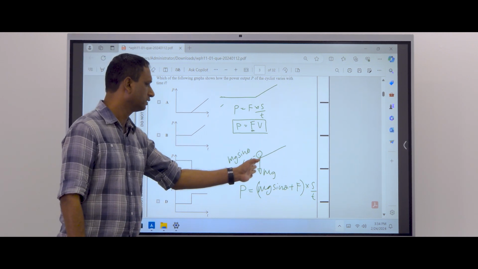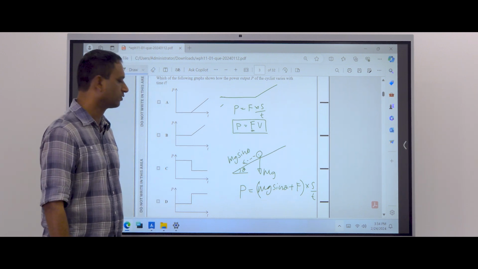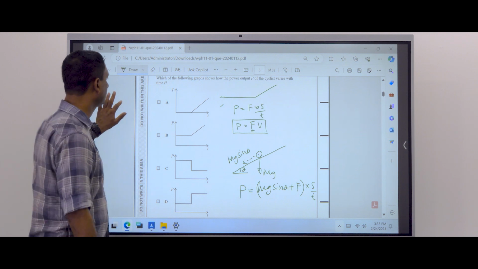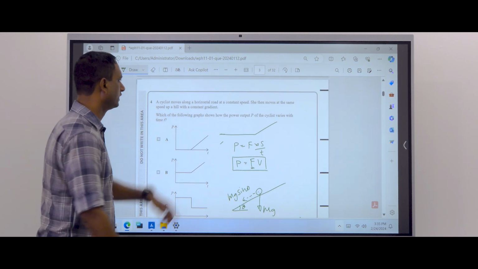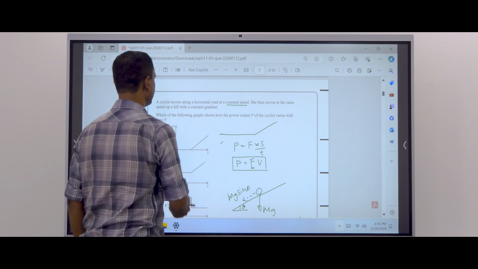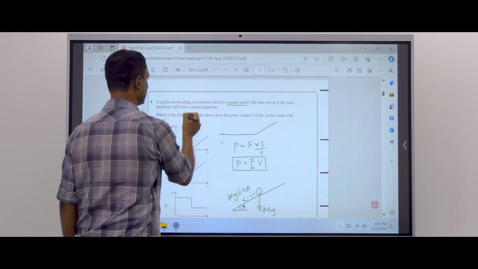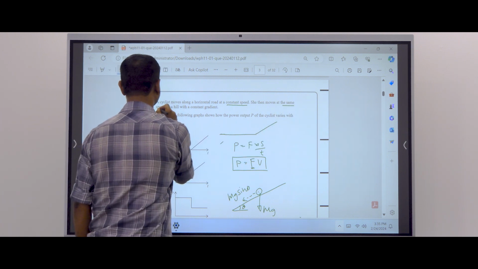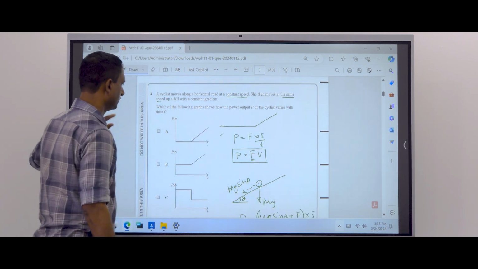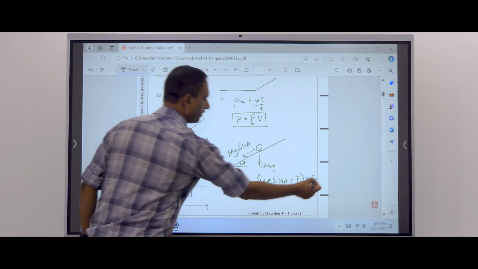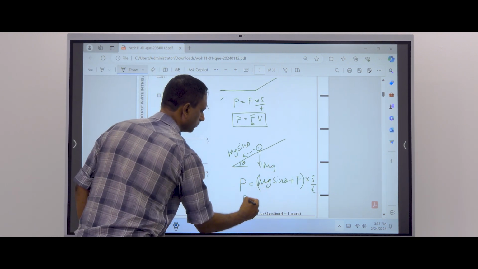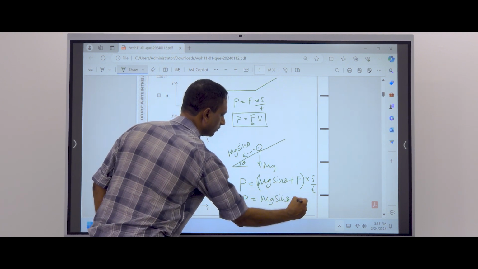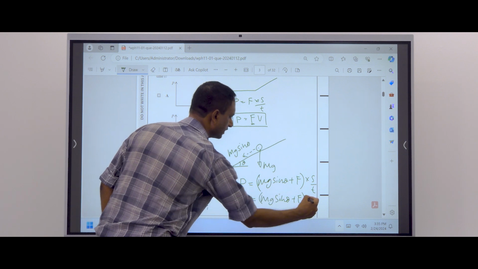Then you must give the same forward force, according to Newton's first law, to move the object with a constant velocity. It is given that the object is moving with a constant speed, and now the object is moving with the same constant speed. Then velocity is the same, then s over t value same for both, but here we have mg sin theta plus fv.